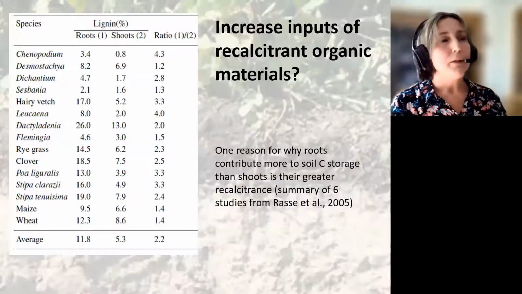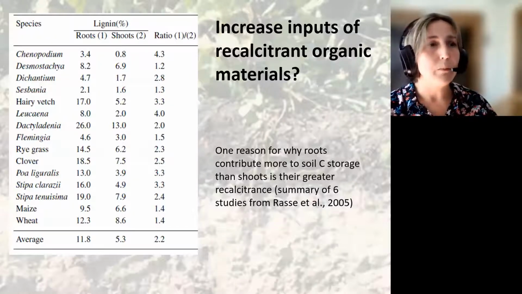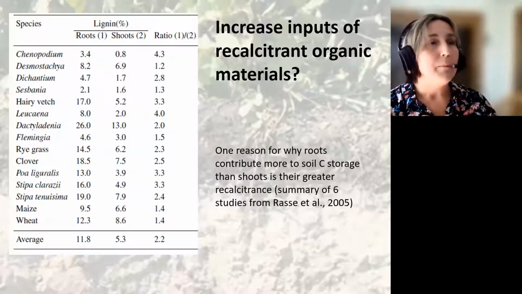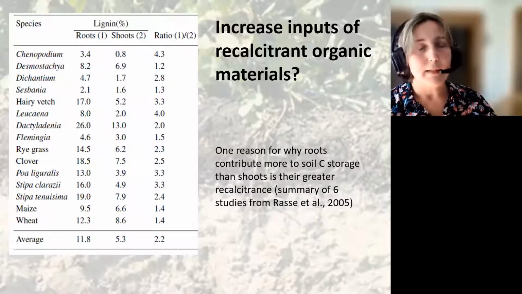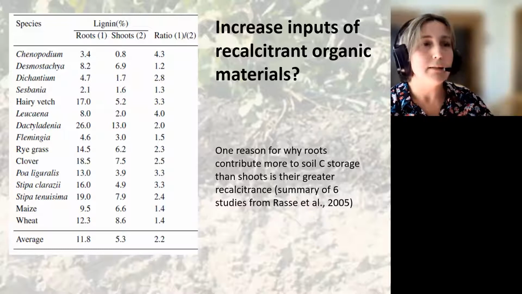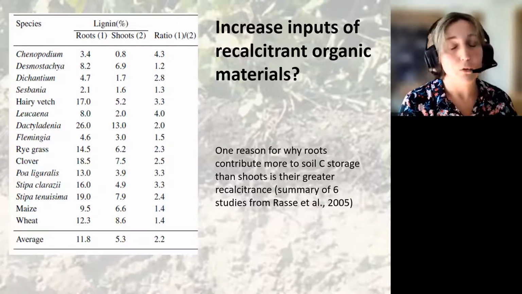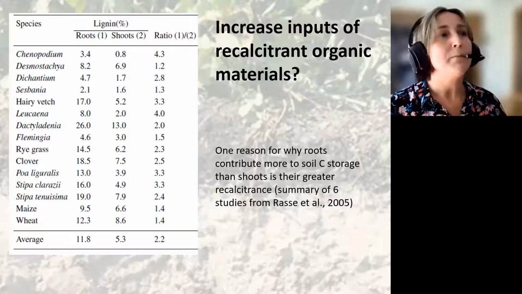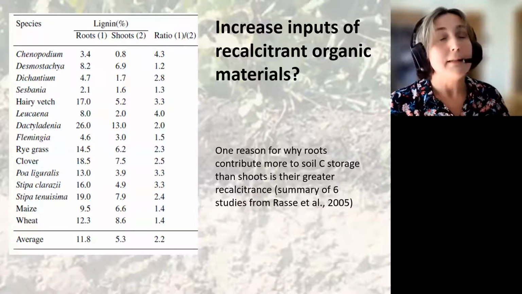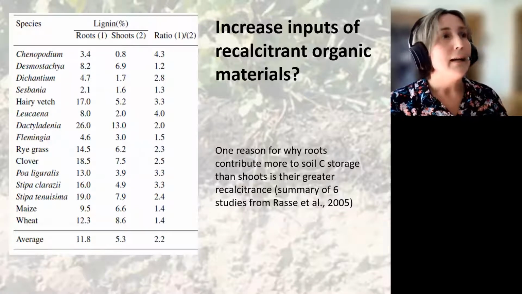So on the first strategy, increasing the inputs of recalcitrant organic materials, it makes a lot of sense, right? And if you remember what I said earlier about how roots contribute more to soil carbon storage than shoots, they do that in part because they are more recalcitrant.